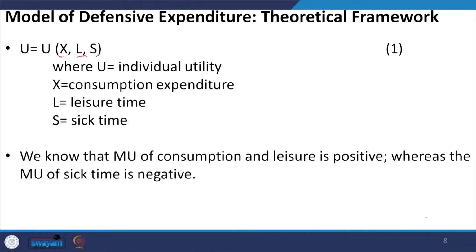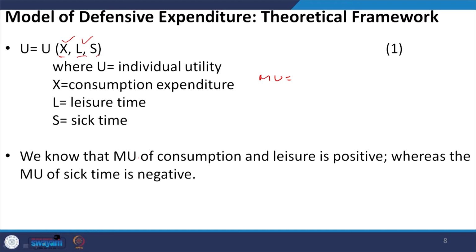As you understand from this utility function, we can find the marginal utility of consumption and also the marginal utility of leisure. If you find this marginal utility from the total utility of the individual, you will find that the marginal utility of both variables, consumption as well as leisure, is positive.